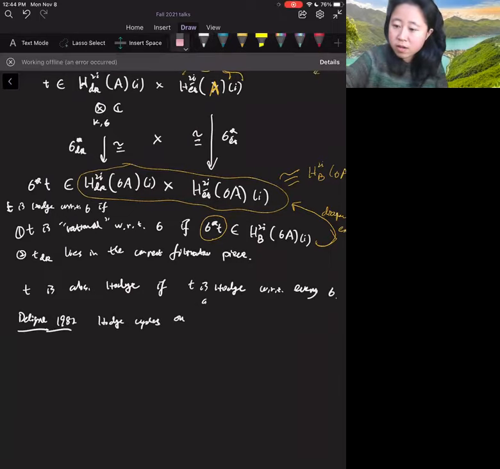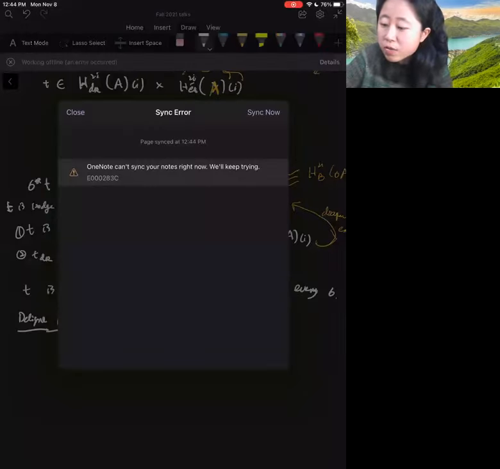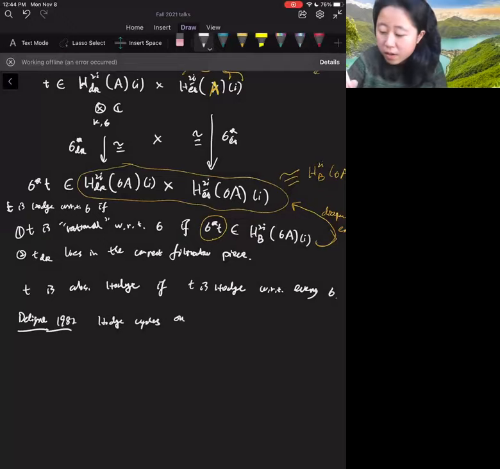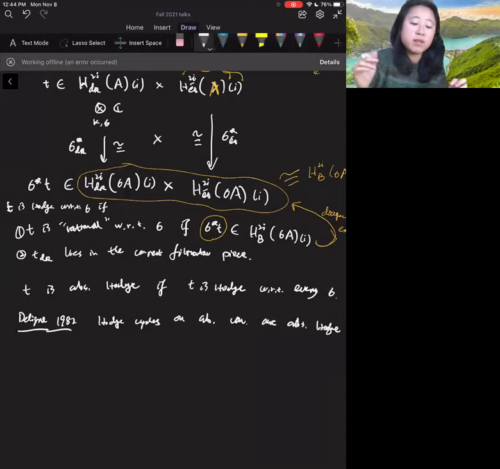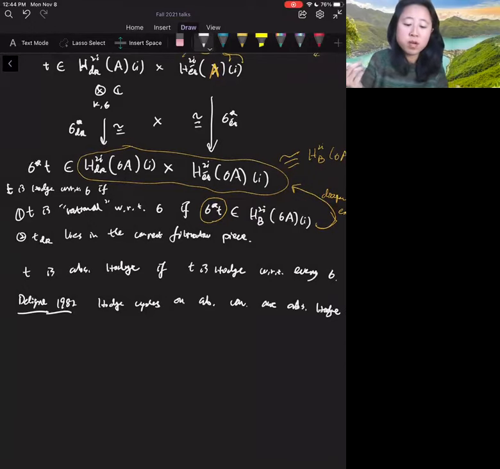on abelian varieties are absolute Hodge. Okay, so basically when we're thinking about Hodge cycles on abelian varieties, we never have to worry about the choice of embeddings from now on.